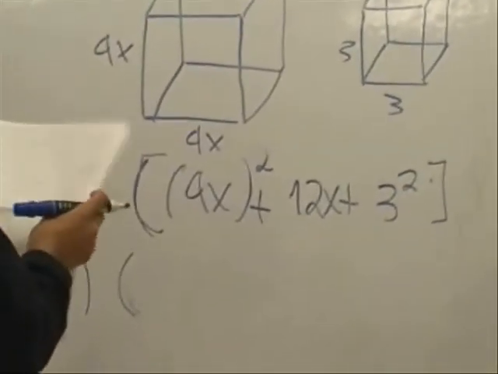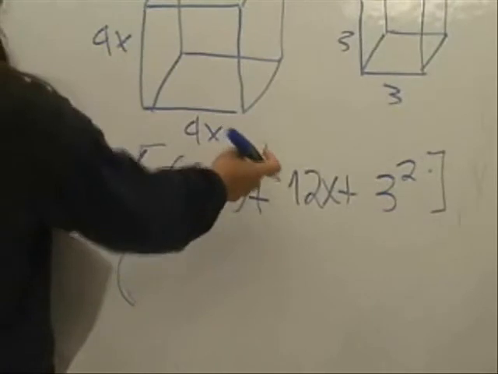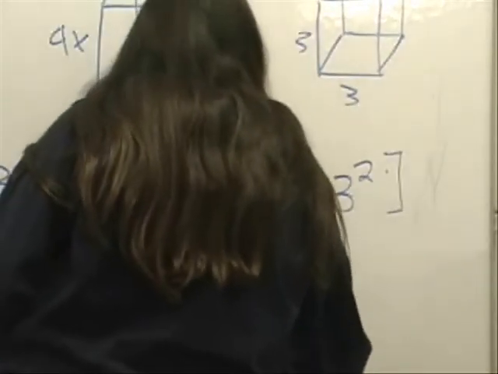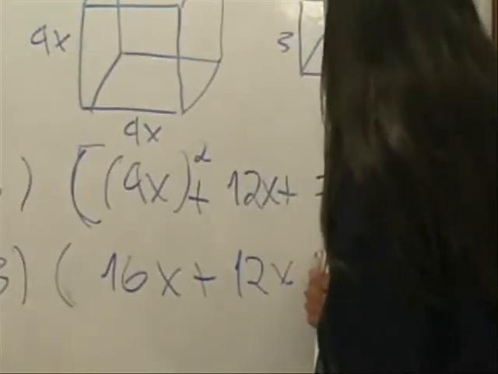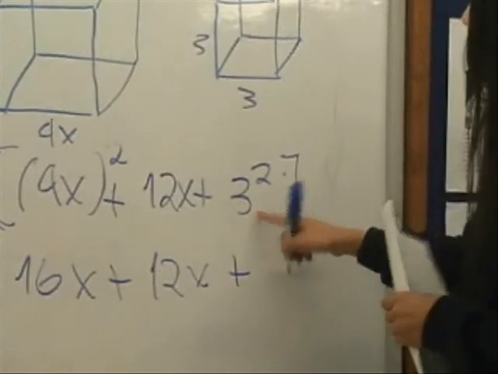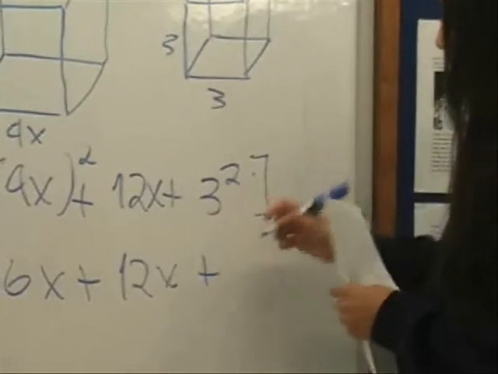So, 4 times 4 will be 16x squared, plus 12x plus, and 3 times 3 will be 9.